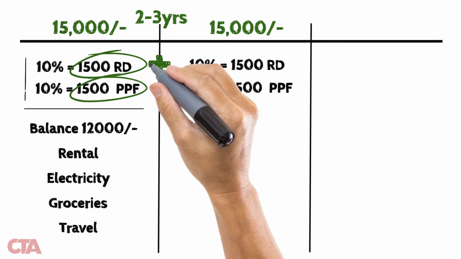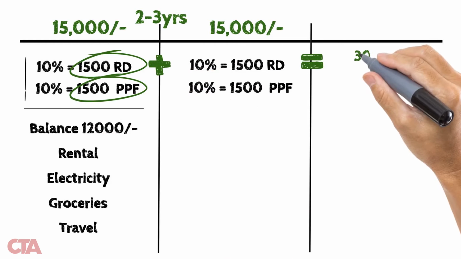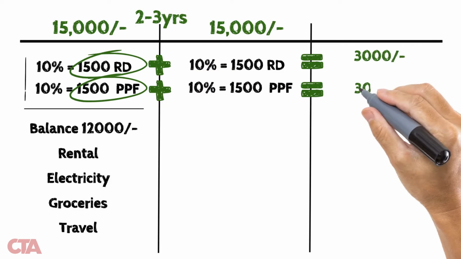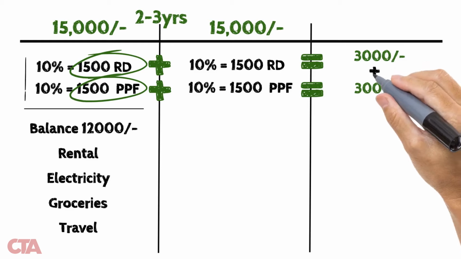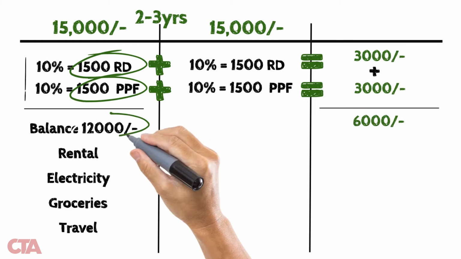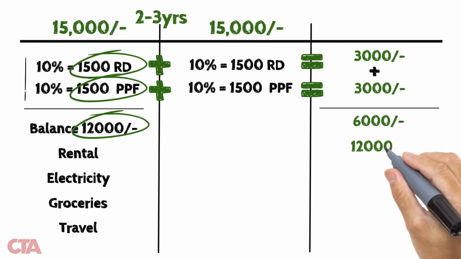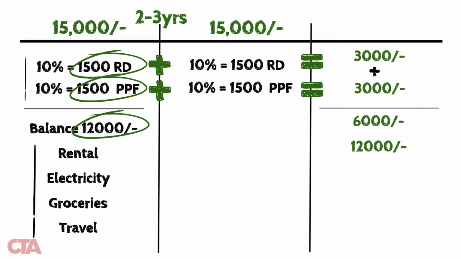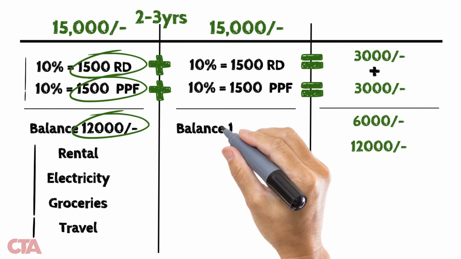So 1,500 and 1,500 he was already doing, now he would be doing 3,000 and 3,000. So having invested 6,000 rupees, 12,000 rupees he has invested in his domestic or household expenses. What would I do with the balance 12,000?